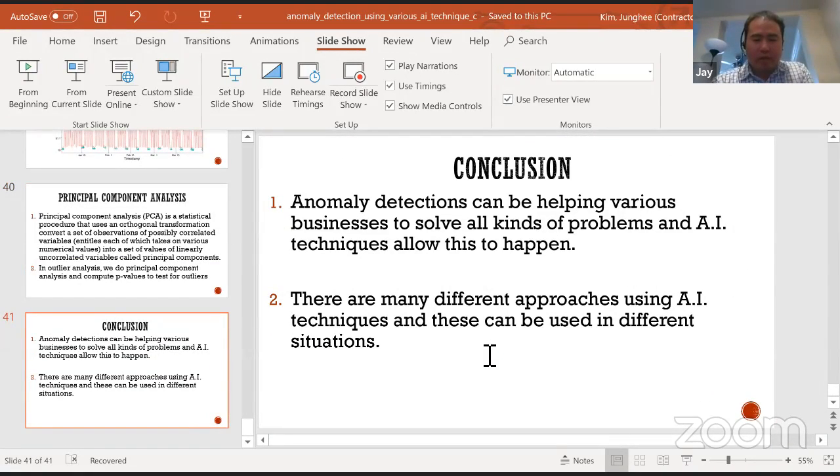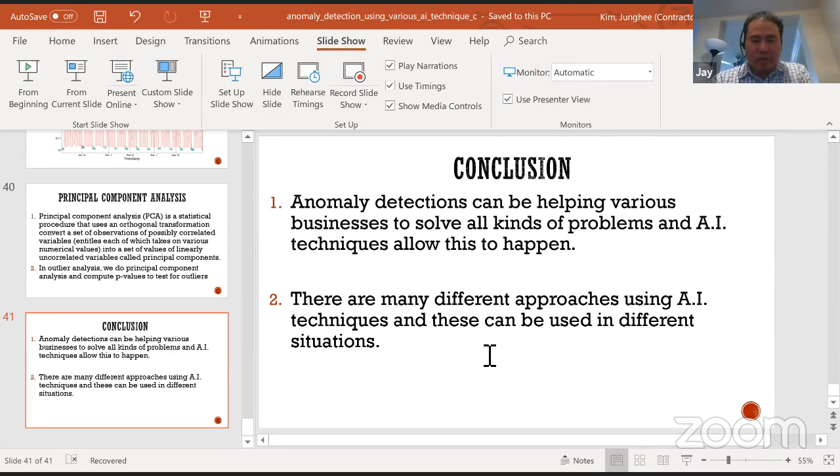So yeah, as a conclusion, anomaly detection can help many different businesses and solve many different problems. AI techniques are really useful for solving these kinds of problems. With a manual way, it's very hard to actually detect those kinds of things, but with AI, you can automate it.